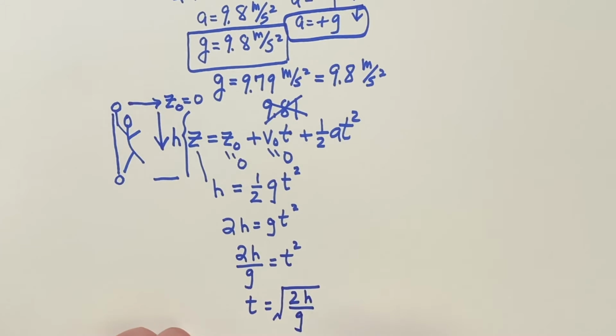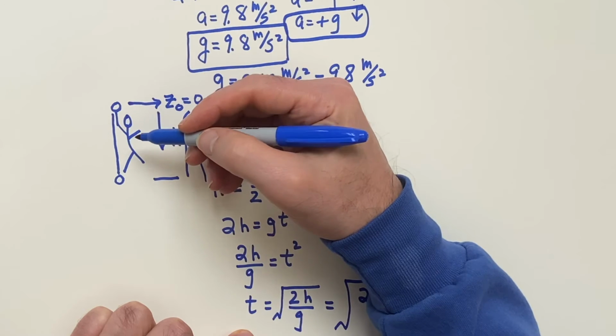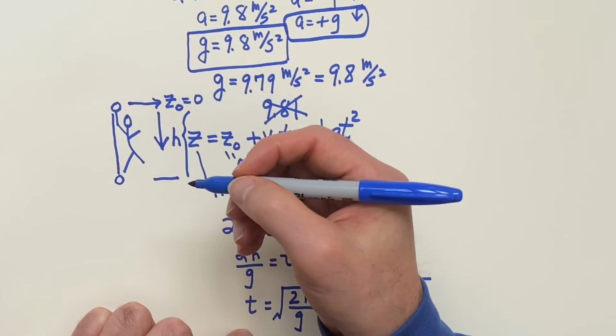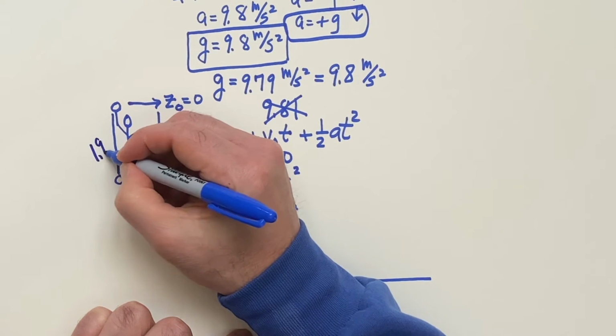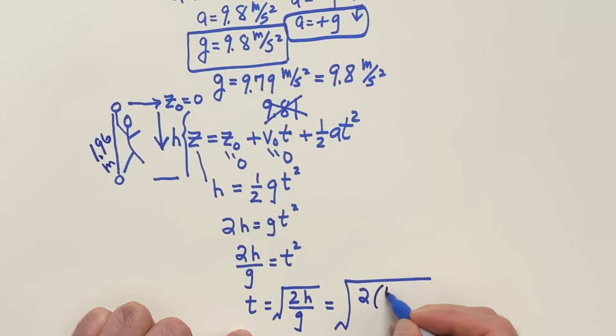Okay, now let's plug in the numbers. When I measured this distance, turns out to be, in this case, 1.96 meters. So this is going to be 1.96 meters.